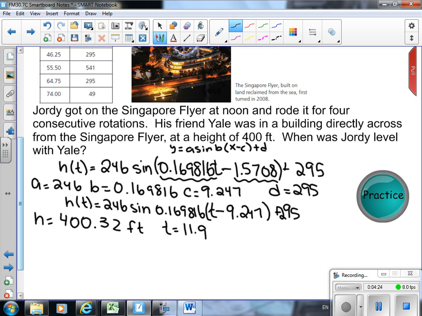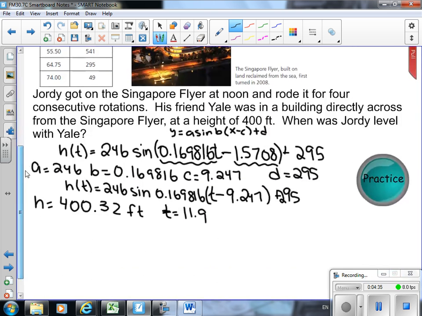So this is just the first time, and remember, he's going to go around 4 times. So we need to find the period because we want to know all of the times that he's at that height. This is measured t in minutes. So this would be 11.9 minutes.